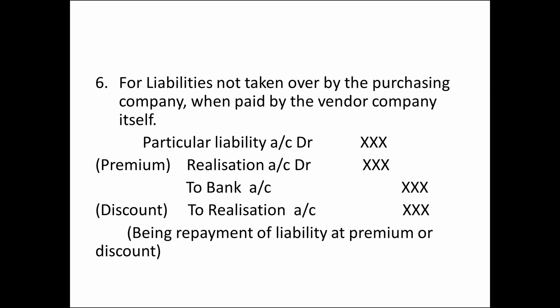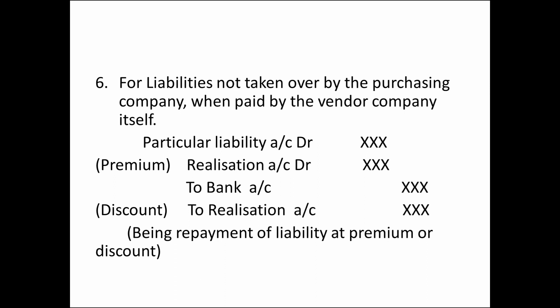In that case, there may be a premium as well as a discount. For example, if you owe 2 lakhs to the creditors but actually pay only 1,40,000, you have enjoyed a discount, right? So in that case, your entry is particular liability account debit, to bank account, to realization account, right?